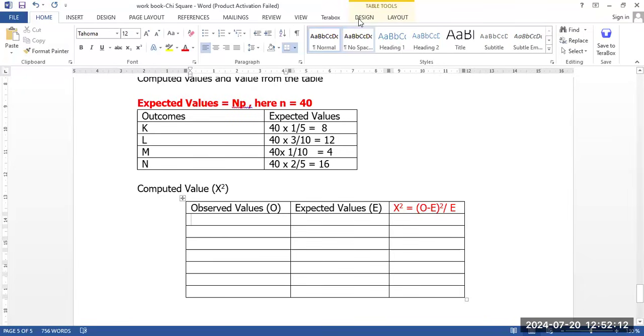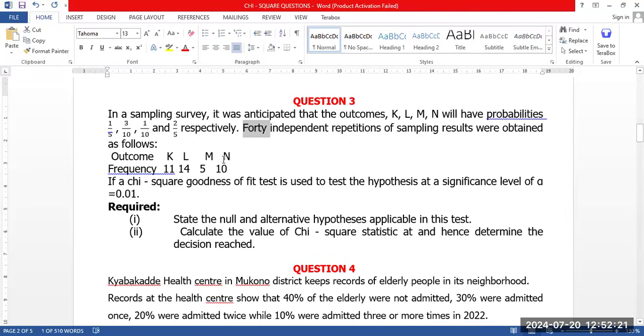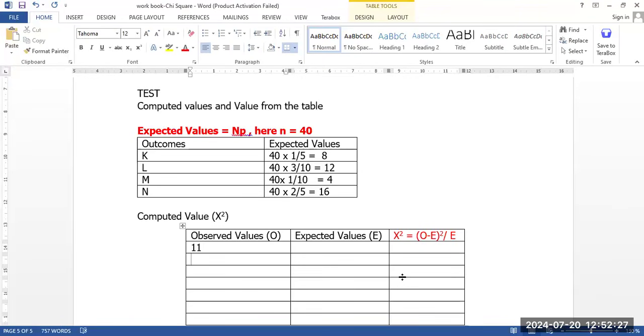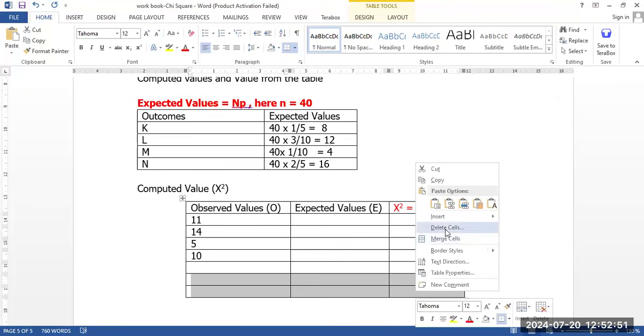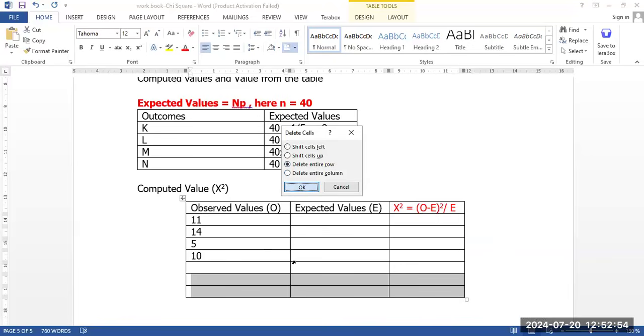Observed values, the first one is 11, next one is 14, next one is 5, next one is 10. So those are the values we have.